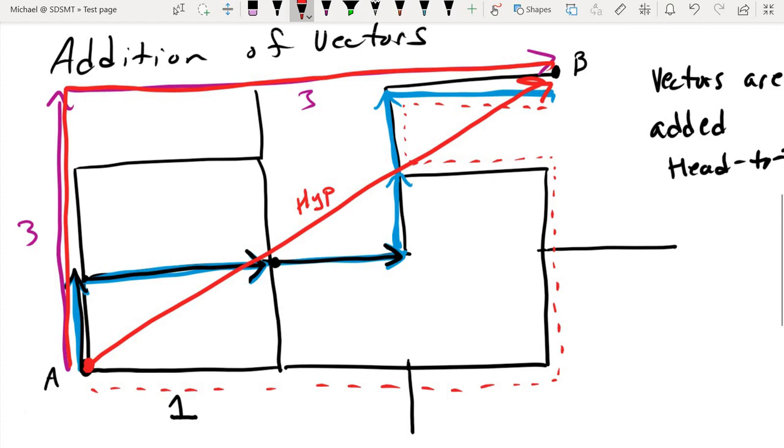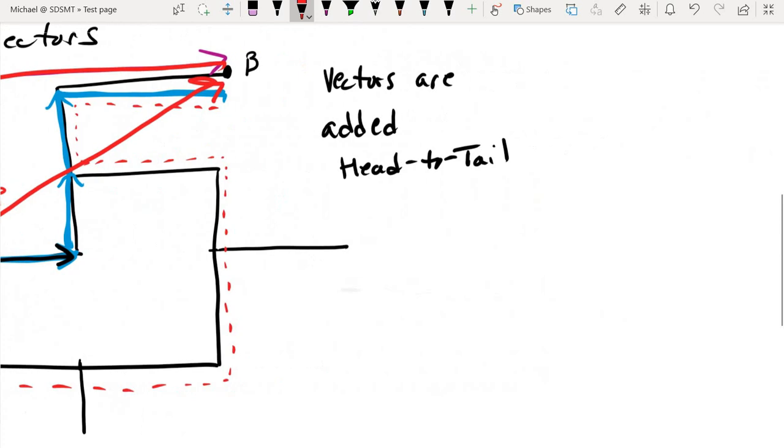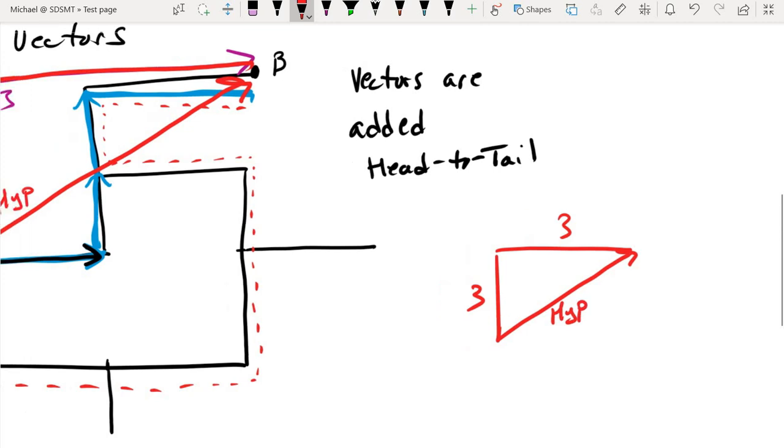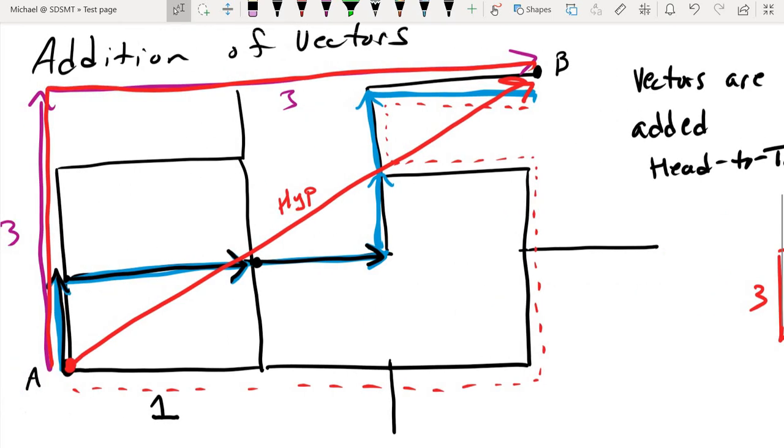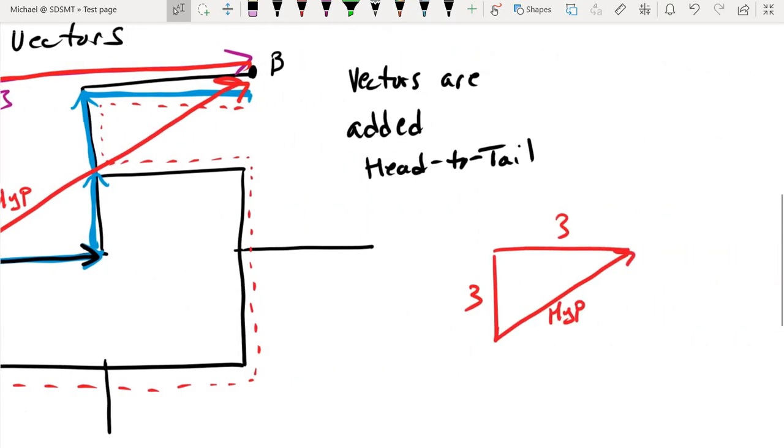No matter how I arrange all of these north and east bound vector combinations, I'm always going to end up 3 blocks north and 3 blocks east. And so I have produced a right triangle of side legs 3 and 3. And I would like to know, what is the hypotenuse? What have I produced by adding all of these vectors together? And so we're going to call the result of this vector addition the resultant.